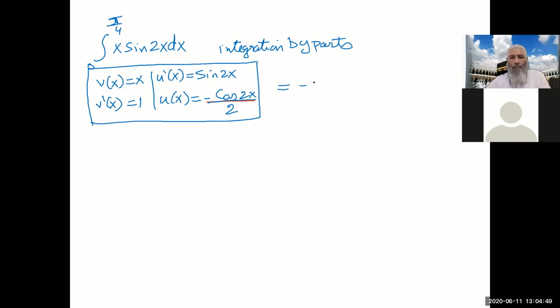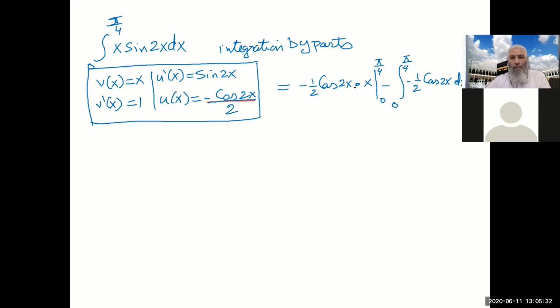Then it's going to be minus cosine, 1 over 2 cosine 2x, multiplied by x, from 0 to pi over 4, minus the integration from 0 to pi over 4 of negative 1/2 cosine 2x, multiplied by 1, which is just dx.